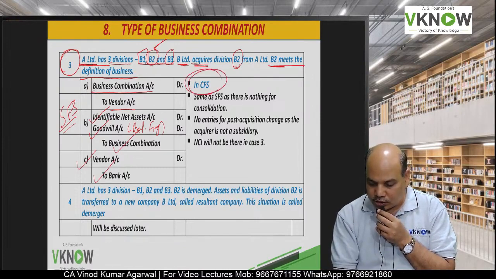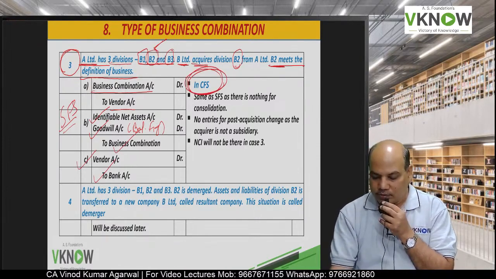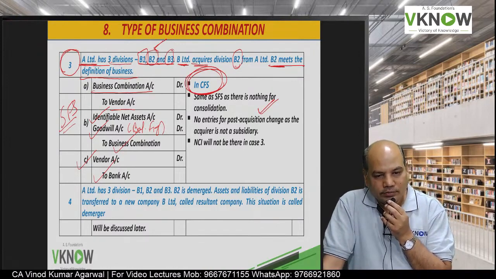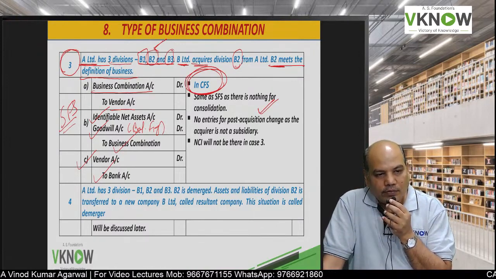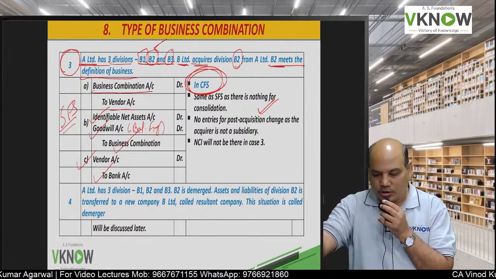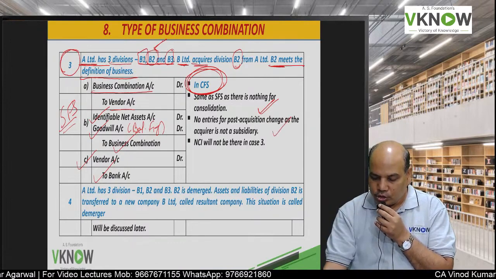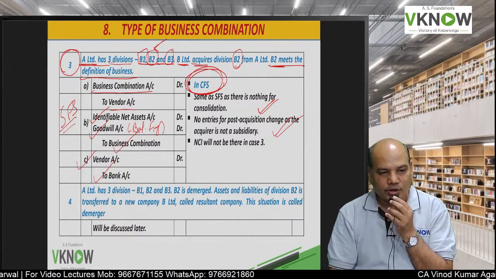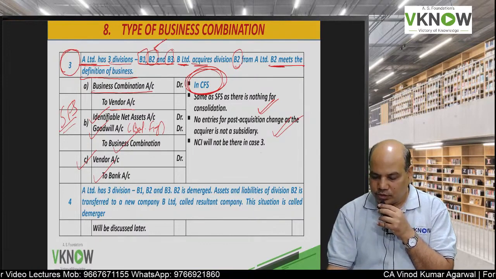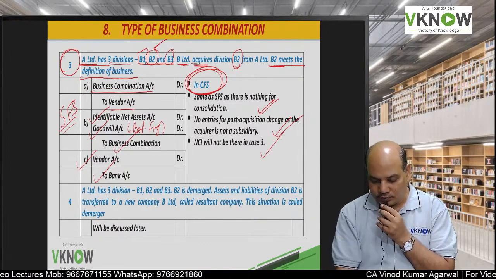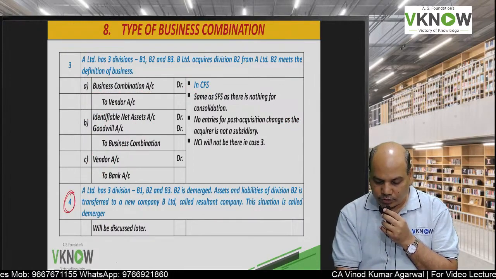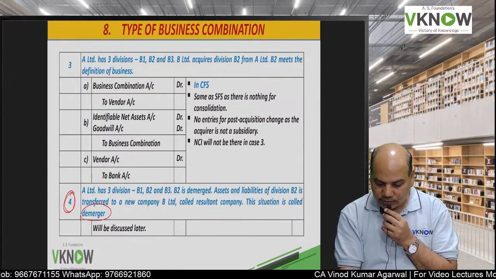In consolidated financial statement, there is no extra effort required because we have not acquired a subsidiary. Same figures will be used in CFS also. No need to pass post acquisition change entries because there is no subsidiary. No question of NCI.